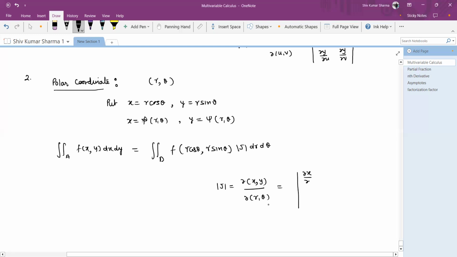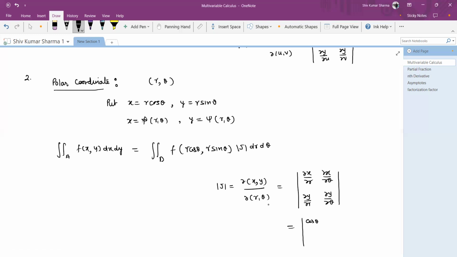So we evaluate this: del x upon del r, del x upon del theta, del y upon del r, and del y upon del theta. Differentiating x with respect to r gives cos theta. Del x upon del theta is minus r sin theta. Del y upon del r is sin theta. And del y upon del theta is r cos theta.